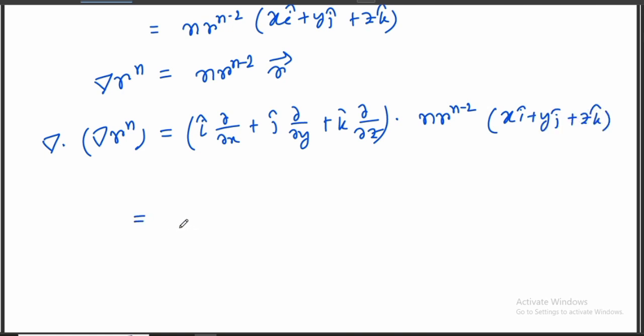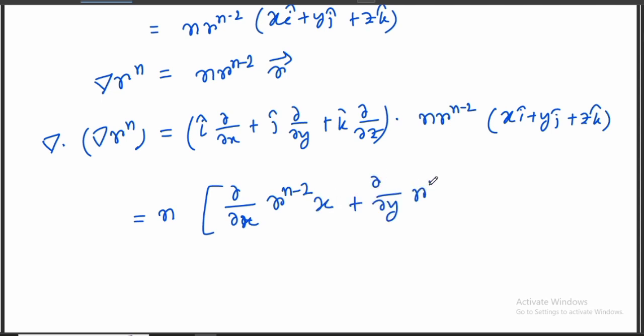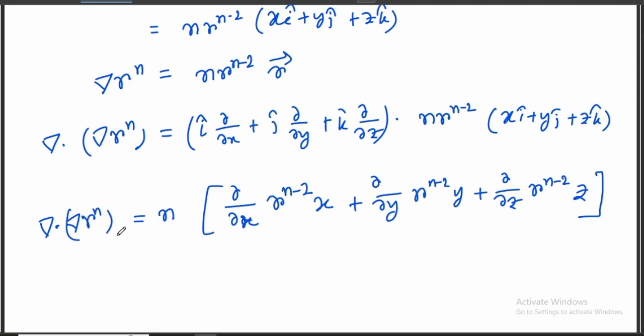Now in the next step, let's take n outside, so it will be del x of r to the power n minus 2 x plus del y of r to the power n minus 2 y plus del z of r to the power n minus 2 z, right? So this is our divergence of grad r to the power n, which was our del 2 r to the power n.